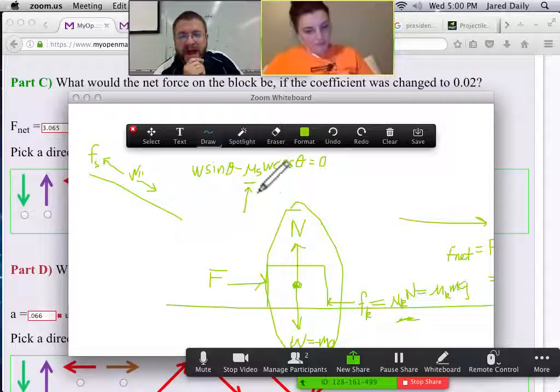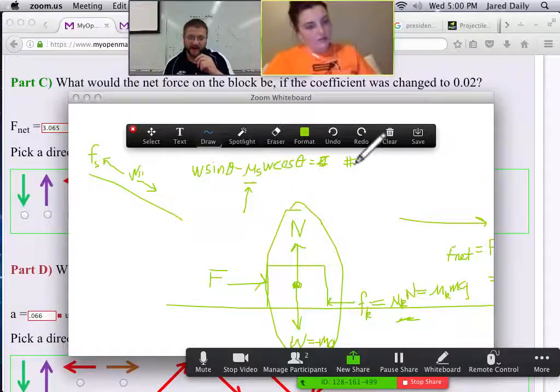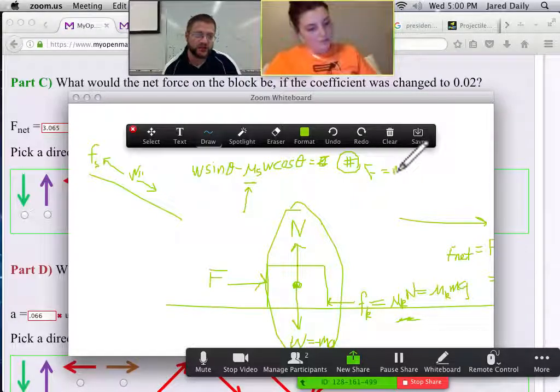Mm-hmm. So you put in 0.02 right here in the mu sub s, and then you calculate an answer from here. And that'll give you some number that'll be much bigger than what you have. Does that make sense now? Yes. And then for part D, you use that number because that's now your force, and you put that force into the equation force equals mass times acceleration and solve for the acceleration for part D. And you would just use the regular mass, correct? That's correct. In that case, you just use the mass of the block.